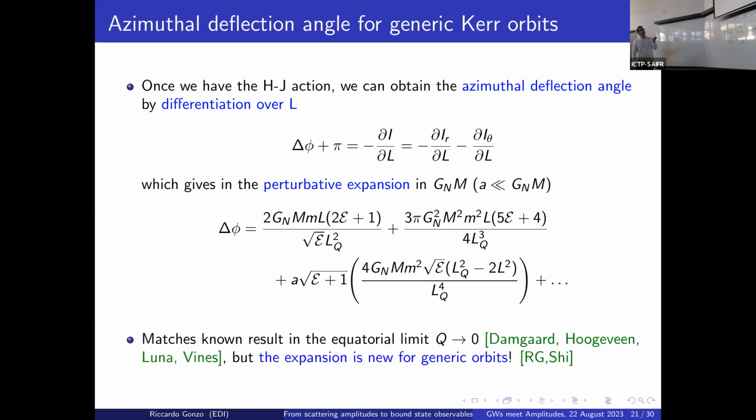And yeah, this matches the result, for example, by adjusting. But the general expansion for generic orbits written in this way, I think, is new. It might be written in other forms, but this is nice from the post-Minkowski perspective to also check some type of precession effects.